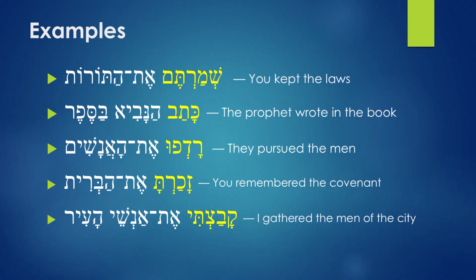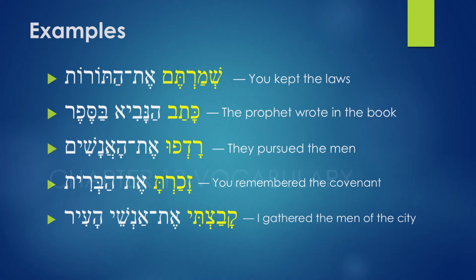Anshei, from the word anashim, men. Now it's in the construct, so it's anshei, men of ha'ir. Ir is city. I gathered men of the city. But now it's pointed with a definite article, so city is definite. And so it's going to be, I gathered the men of the city.